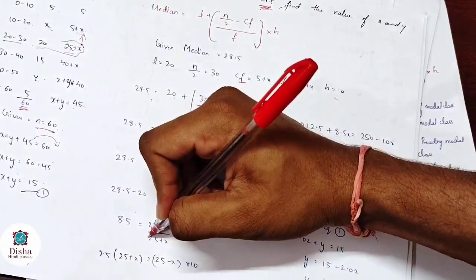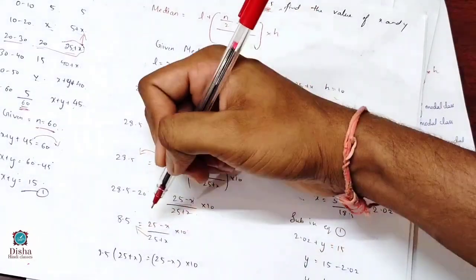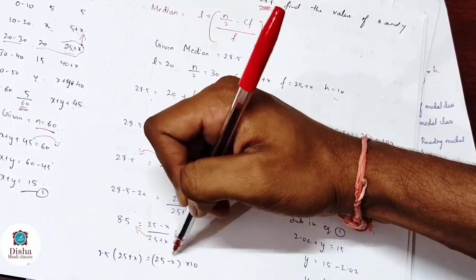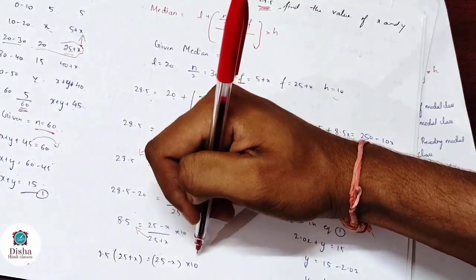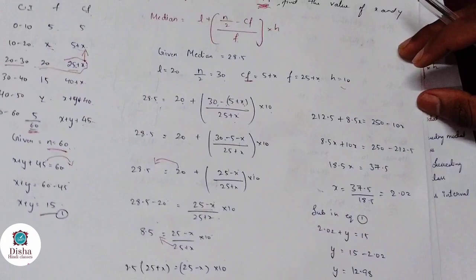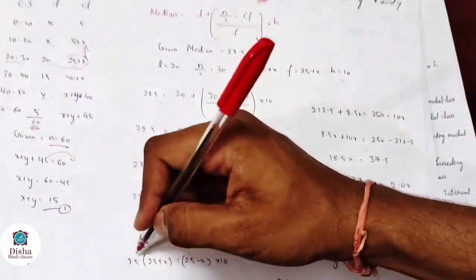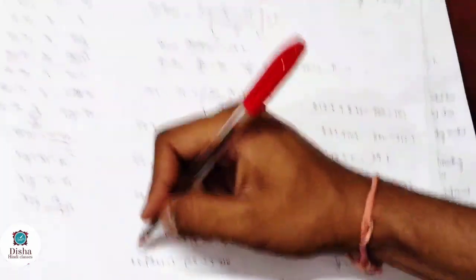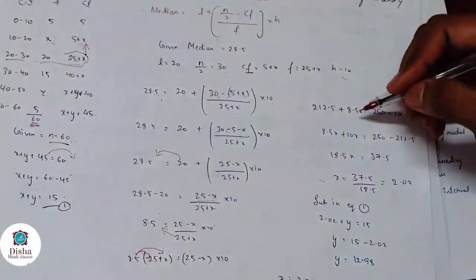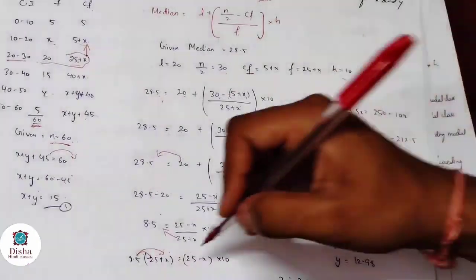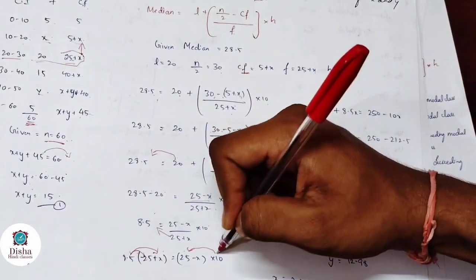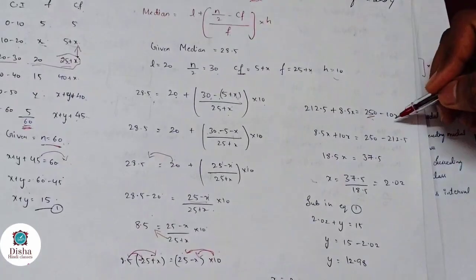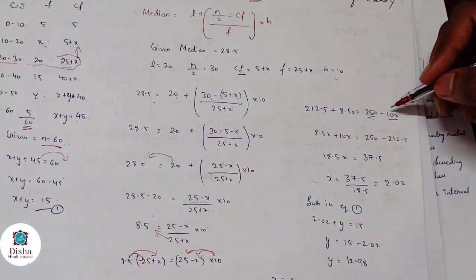Now we'll cross multiply, 25 plus x into 8.5. So 8.5 into 25 plus x equals 25 minus x into 10. Next, 8.5 into 25 gives us 212.5, and 8.5 into x gives us 8.5x, and 10 into 25 gives us 250, and 10 into minus x gives us minus 10x.